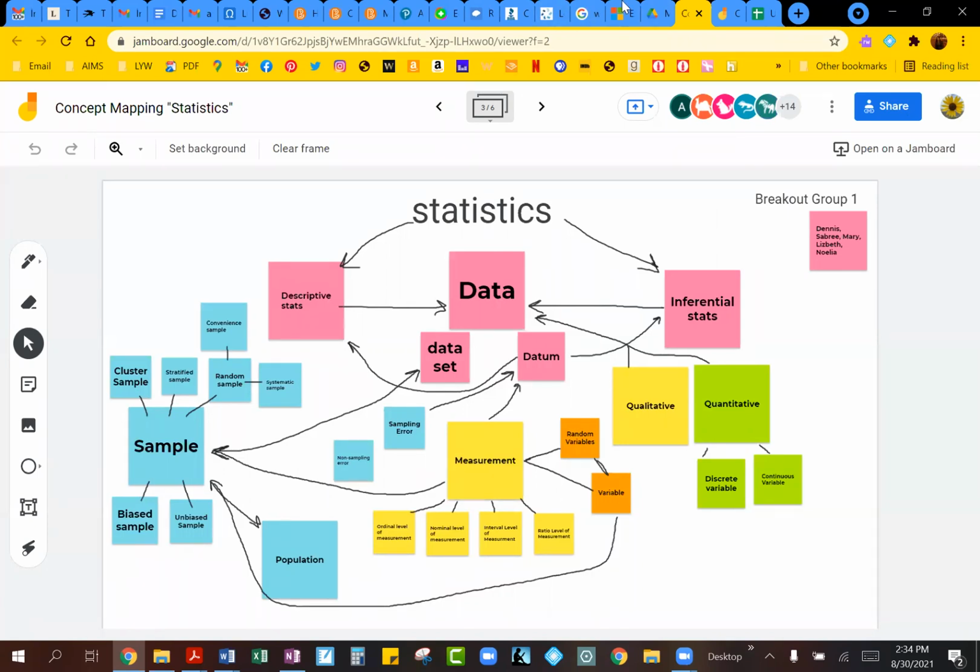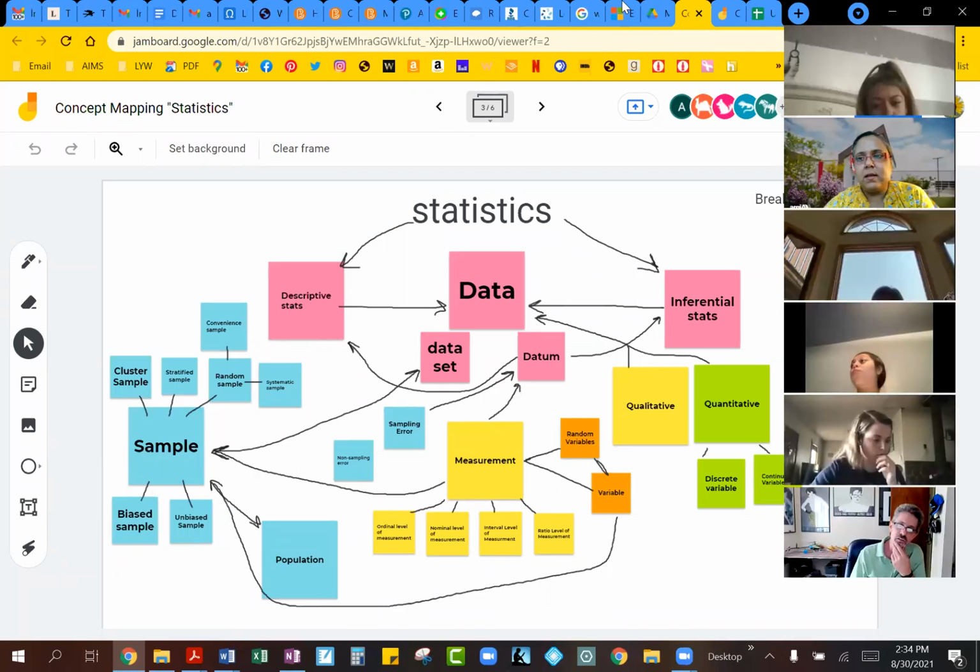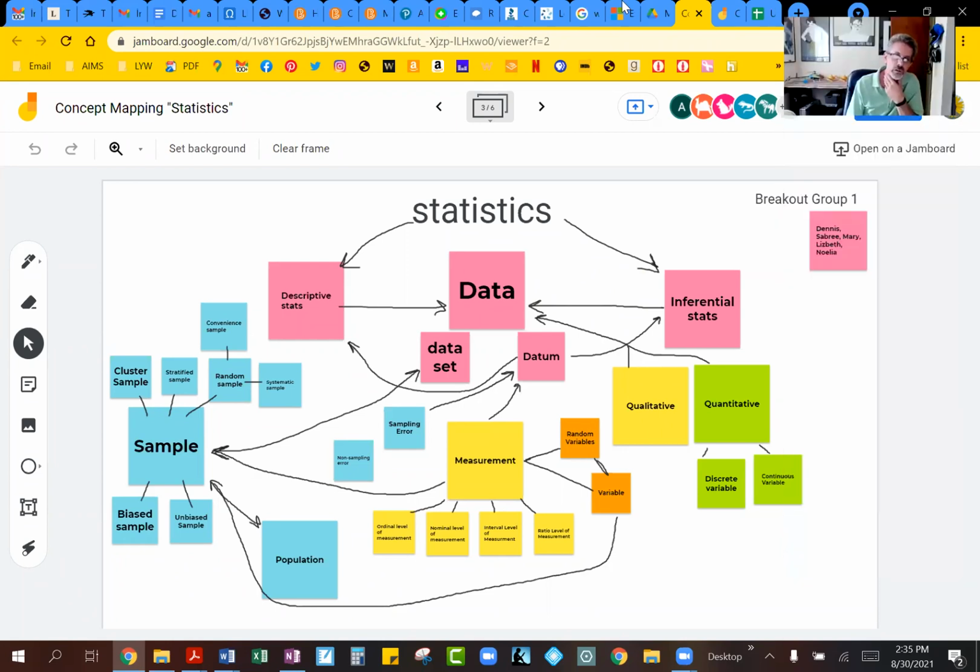Sure. Basically statistics is you're getting a statistic about something. Your statistics come basically in two forms, descriptive or inferential. Either it's a fact or it's an association, all of which derives from the data that is collected and analyzed.